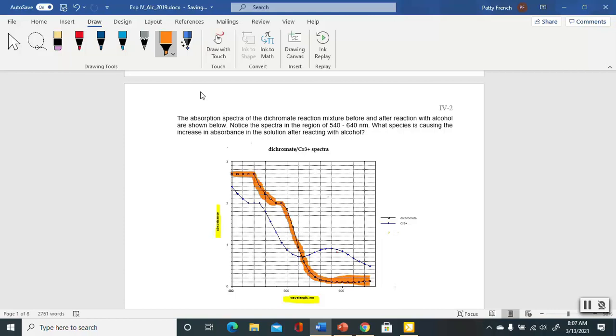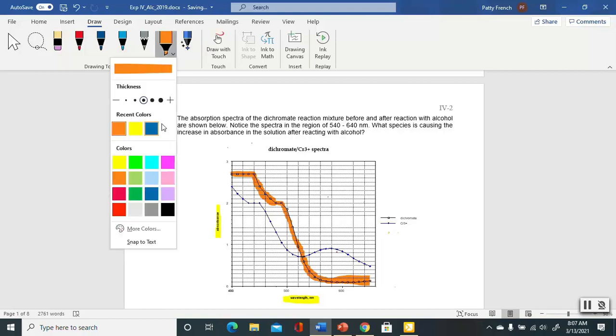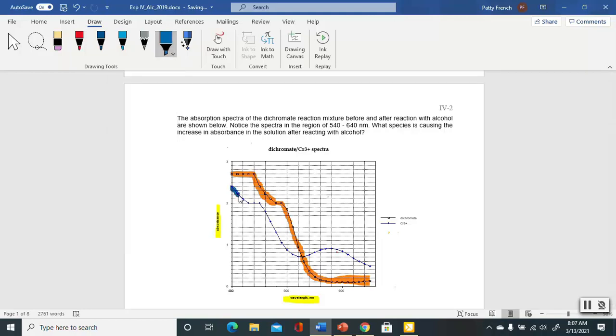On the contrary, we've got our chromium 3 plus, which also absorbs significantly in those lower wavelength sections, but has a regional maximum right around, not the way I drew it, but right around 580 nanometers.